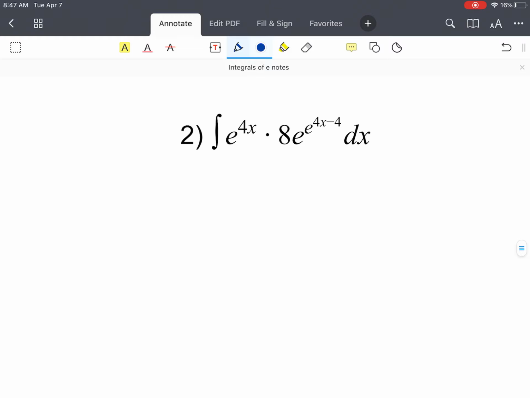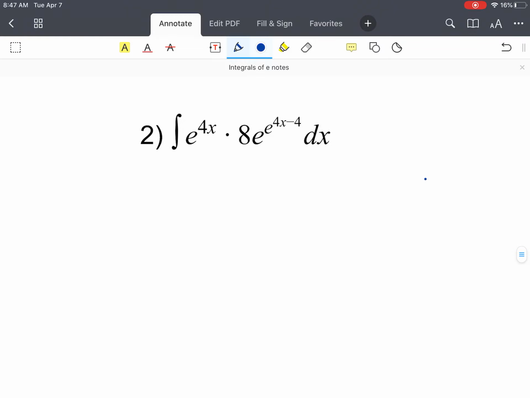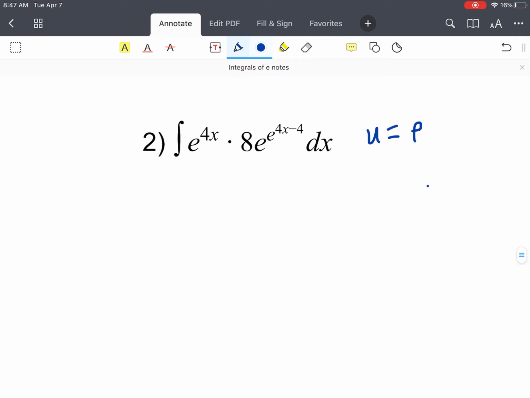Okay, let's do it again. So again, u is going to be the exponent of e. So I have 8e to the, this time it says e to the 4x minus 4 up top.